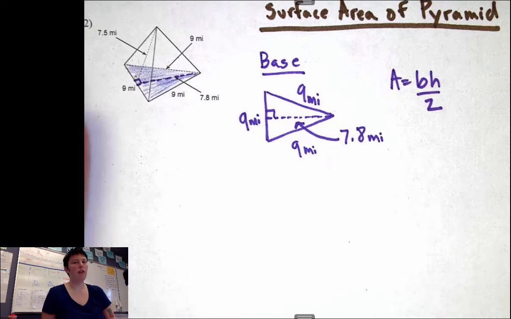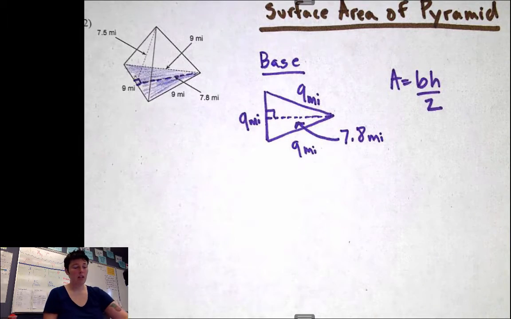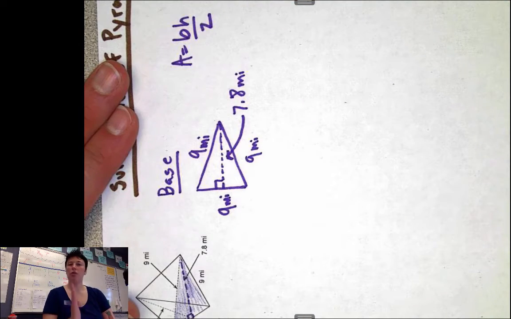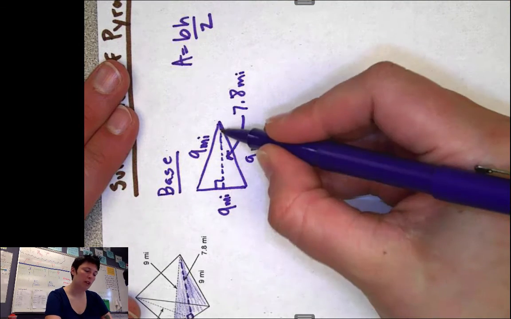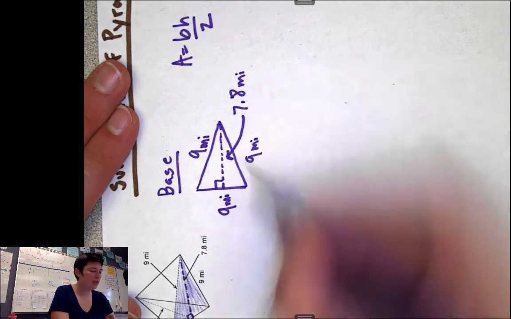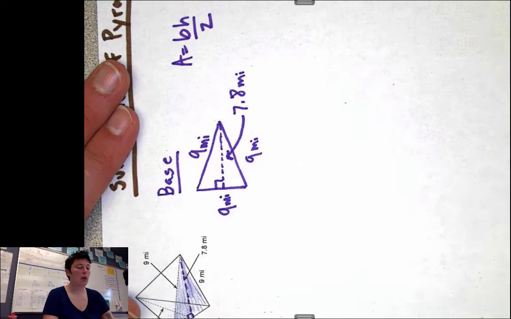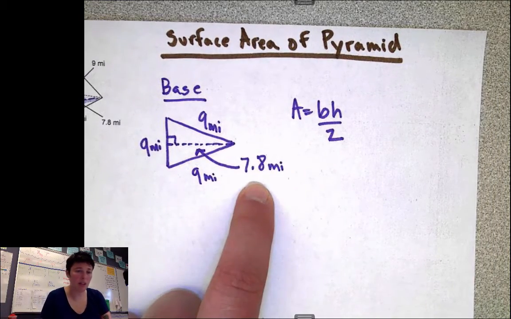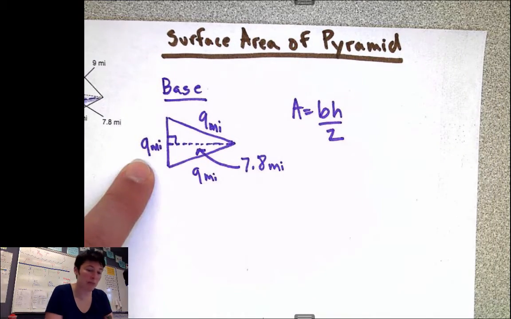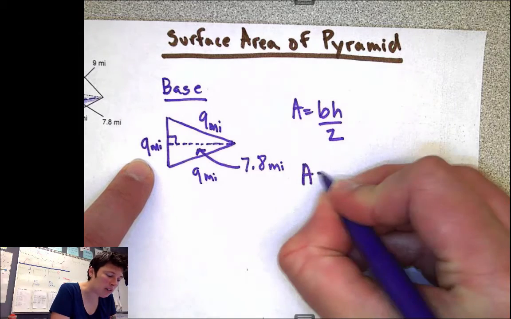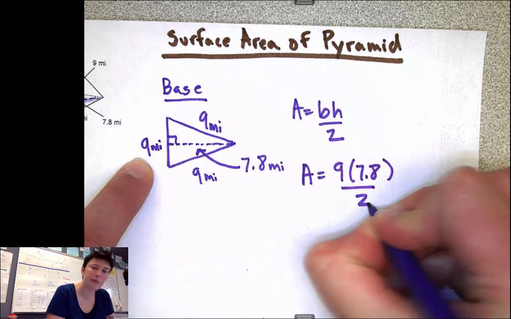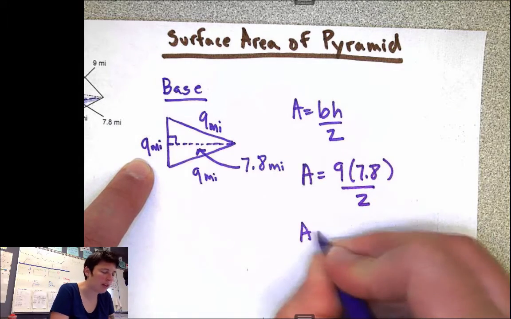Remember, you go to the doctor's office, you stand up nice and tall and straight at a perfect 90-degree angle. So if I turn this triangle, the height, the perfect straight up and down 90-degree angle, is right here. So there's my height. That's going to make this my base. So I'm going to use the 7.8 as my height number, and I'm going to use 9 miles as my base. So the area of my triangle is 9 times 7.8 divided by 2. And then at that point, I'm grabbing a calculator.